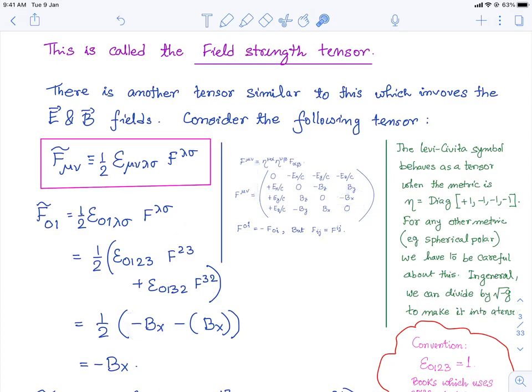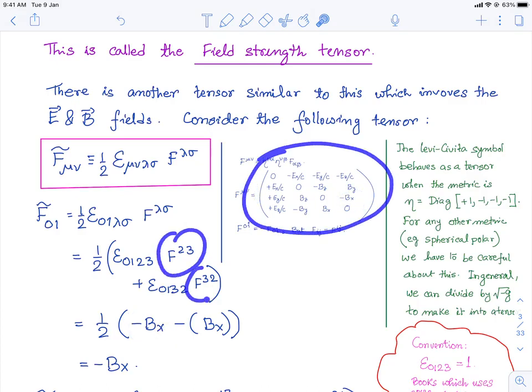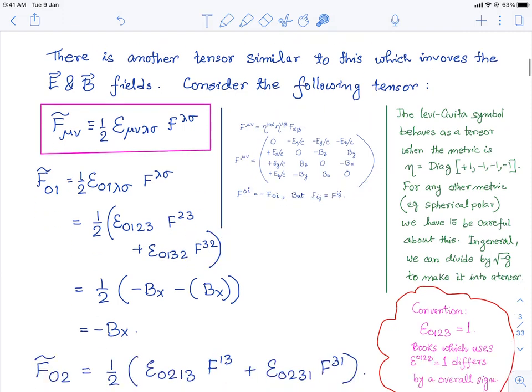So you just read off the components from here and fill in these things so that you get the result.